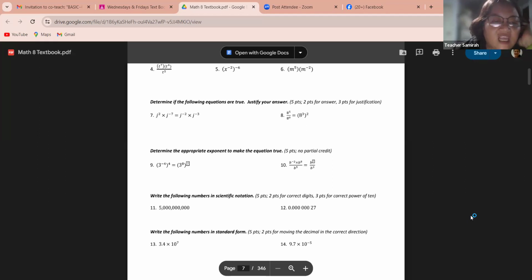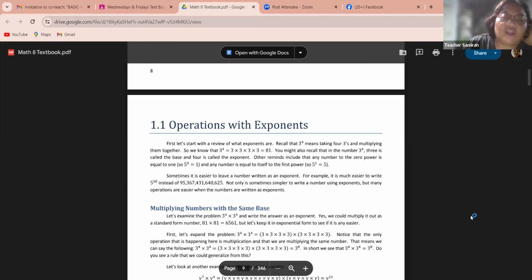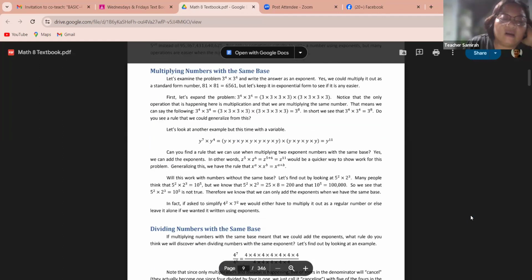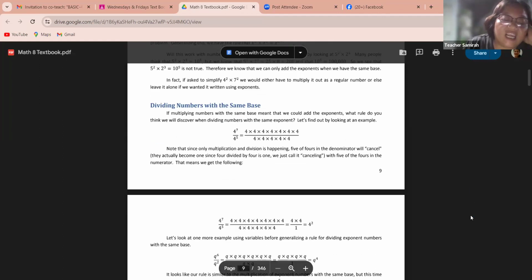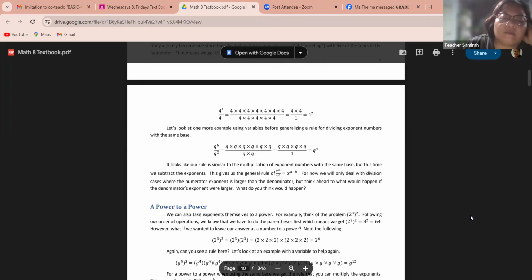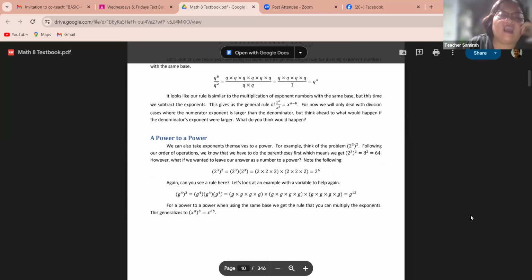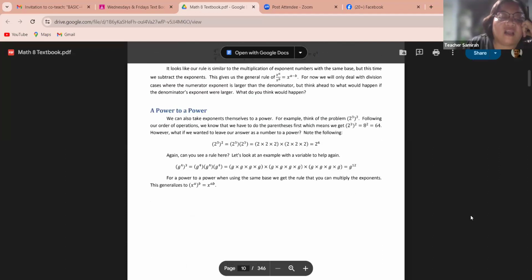Okay, look at this. So we will not go with that one yet. We will continue with our discussion regarding the exponents before I give you some worksheets so that you will be able to practice. Okay, so this is power to a power. What will be the general form of power to a power?